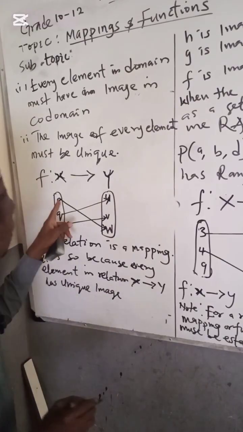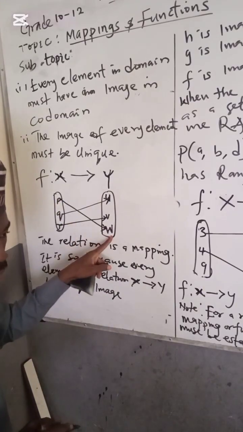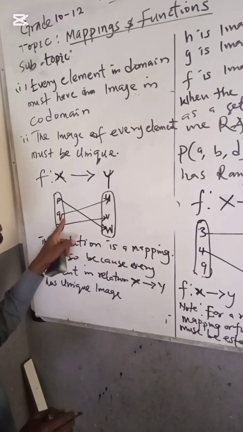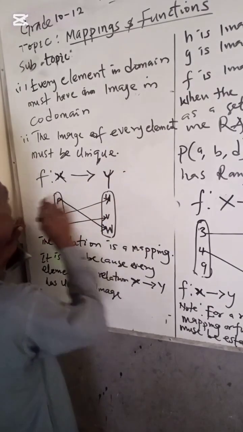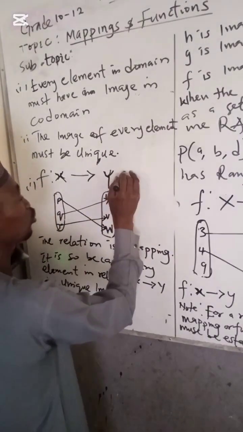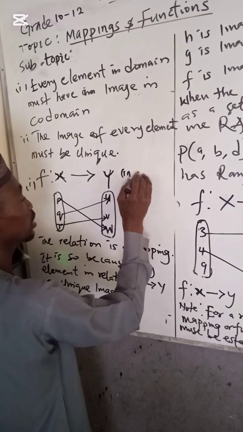Now look, the image of P here is W. The image of Q is U. And the image of R is V. Look at this, case 1. Case 2. Let's look at it.